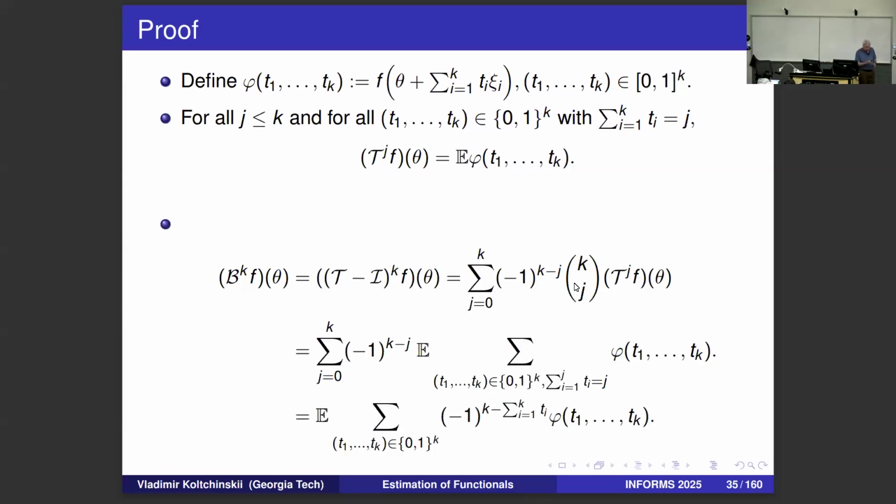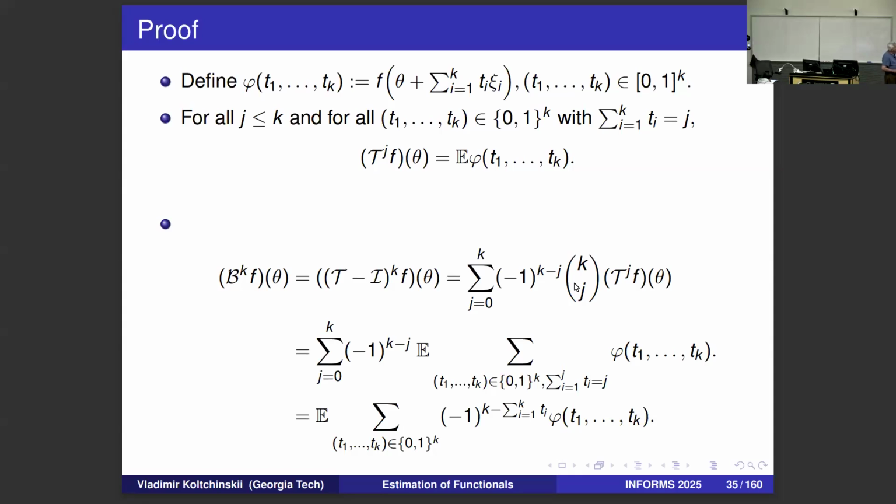Now, what we do next, let me write the whole thing. So B^k of f of theta, B is T minus I, so we have here (T minus I) to the power k. We can use Newton's binomial formula to write this down. Now we have T^j of f of theta here, and there are k choose j of them.